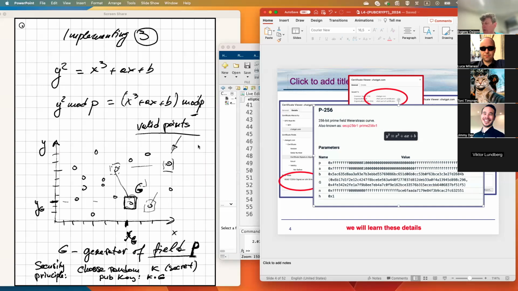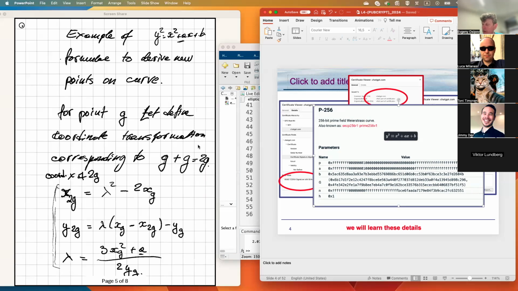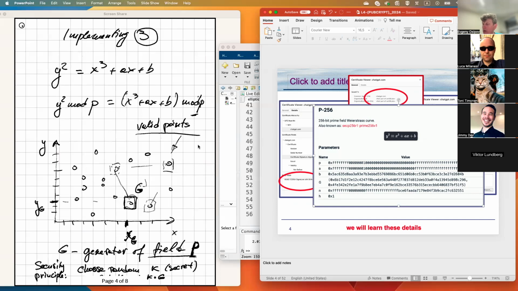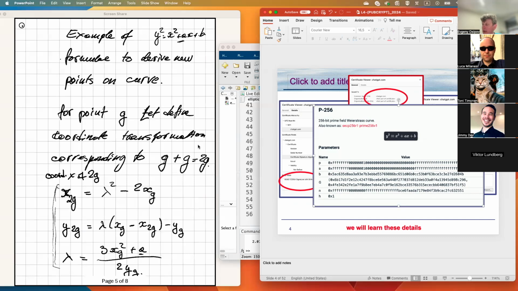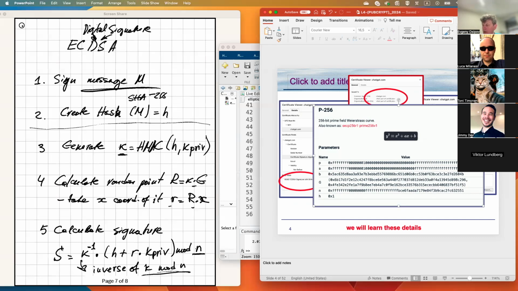We introduce special, rather simple operations for transformation of points from one to another, so that we can hop from one point to another and cover the entire field, which is the range of values. These operations are used for digital signatures and even encryption.